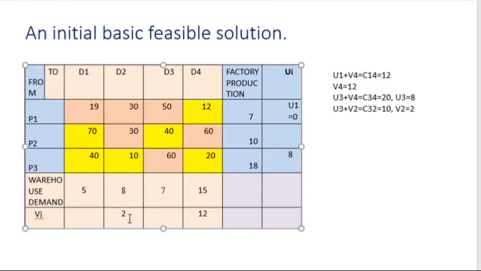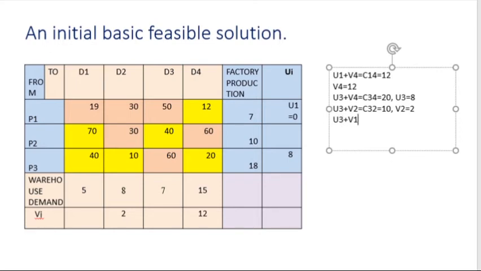Next I can calculate V1. We have U3 plus V1 equal to C31, which is equal to 40. So since U3 is equal to 8, V1 is equal to 40 minus 8, that is equal to 32.